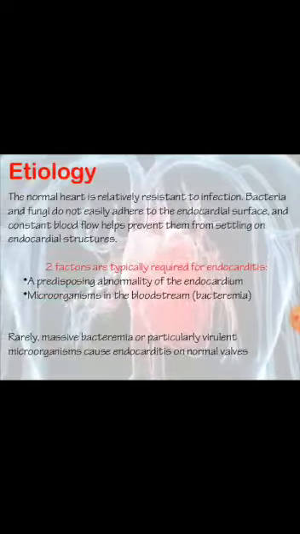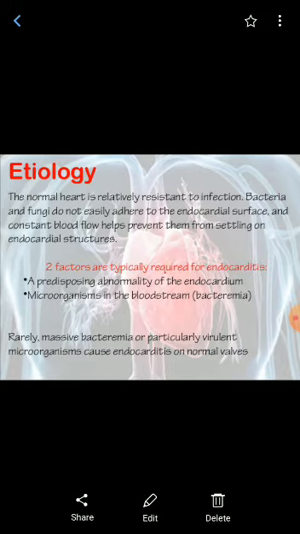Etiology means the cause. The normal heart has resistance to infection, and bacteria and fungi do not easily adhere to the endocardial surfaces, and constant blood flow helps prevent them from settling on the endocardial structures. So there are two factors required for endocarditis, and the term endocarditis includes inflammation of the endocardium.